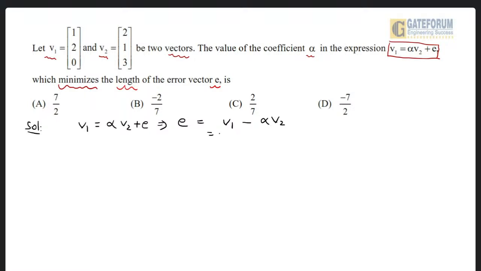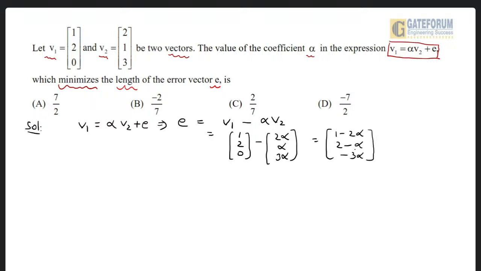Now, this is V1, column matrix 1, 2, 0, minus alpha V2, which means every element of V2 multiplied by alpha, giving 2 alpha, alpha, 3 alpha. Just like the difference of two matrices, corresponding elements are subtracted. Take the difference: 1 minus 2 alpha, 2 minus alpha, and minus 3 alpha.